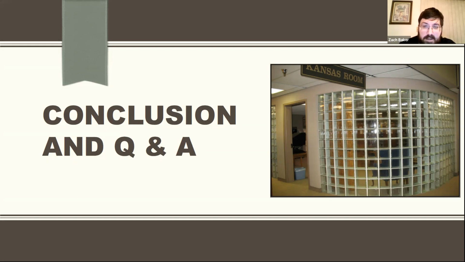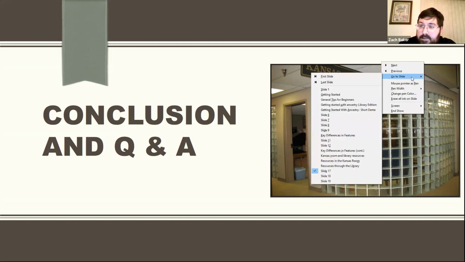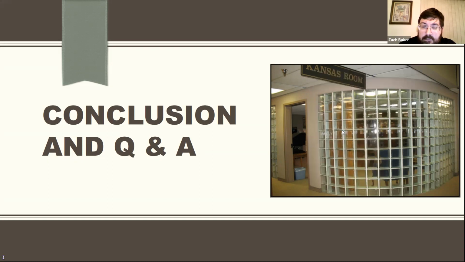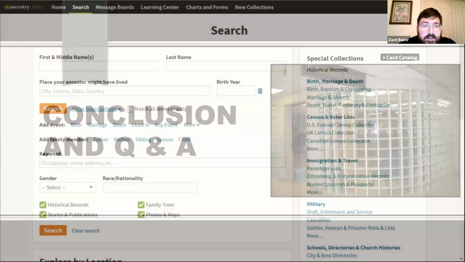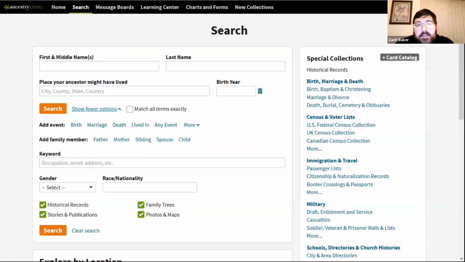Let me go back to that one slide here. Like in Ancestry, it asks you for this type of information. And you can add event death. If you know when they died, that's really helpful. Birth year, this little calculator here, you can put within, I think it goes up to plus or minus 15 years.